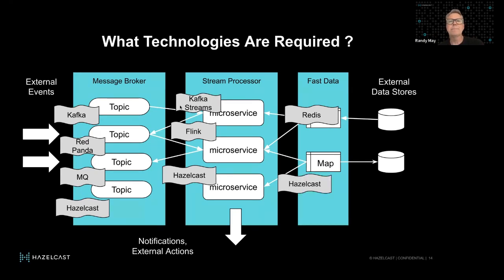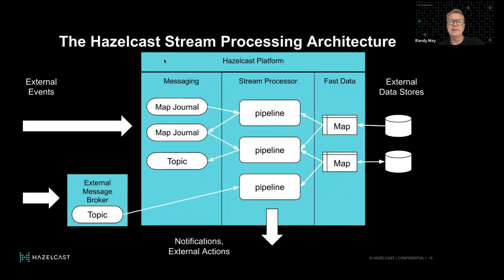Being from Hazelcast, one of the things I think is really cool and compelling, that makes this architecture even more compelling, is if all three of those layers are in the same platform. It's the same architecture diagram, but it's not three different products. They're in the same runtime, the same JVM.